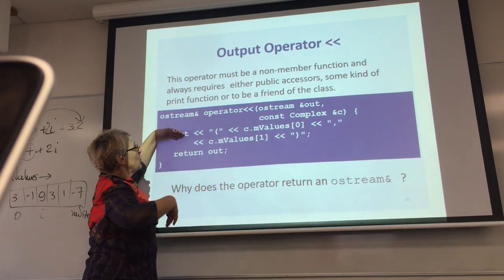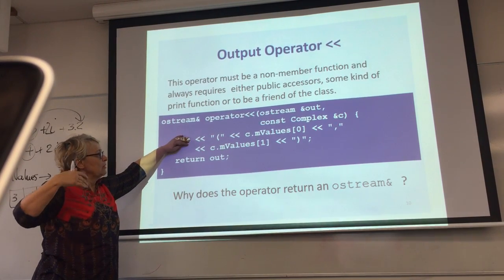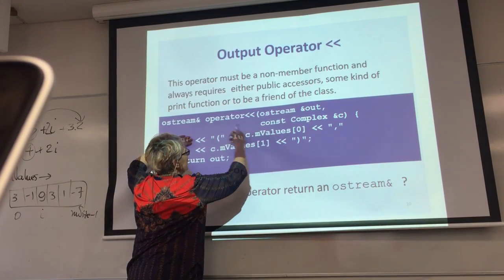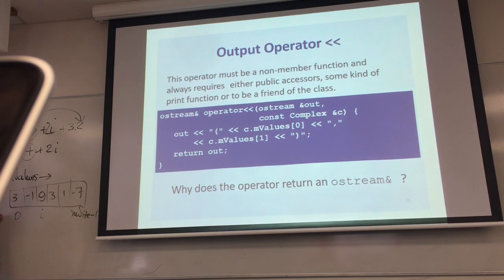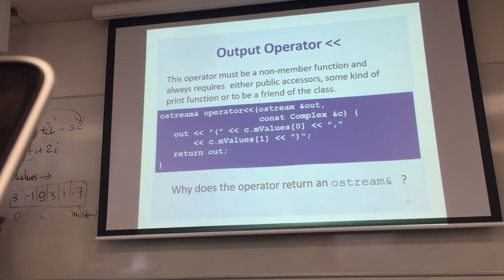And what you do, you send to the out parameter whatever you want from your data members. Here we send a bracket because we want to display our numbers like 3, 2 for this one.